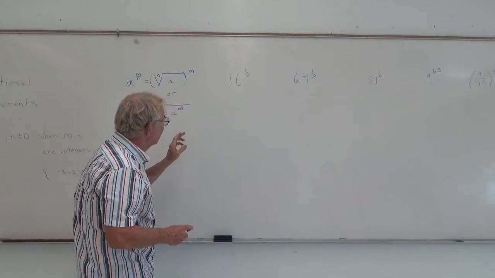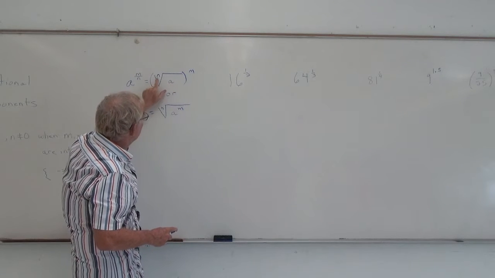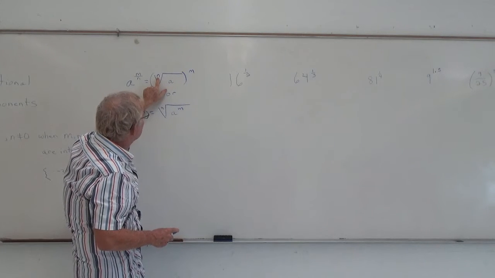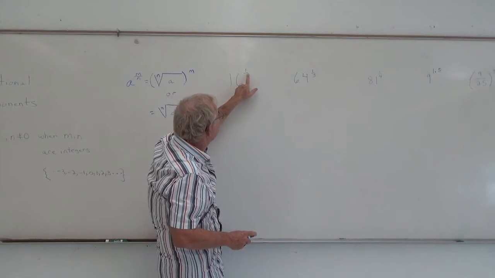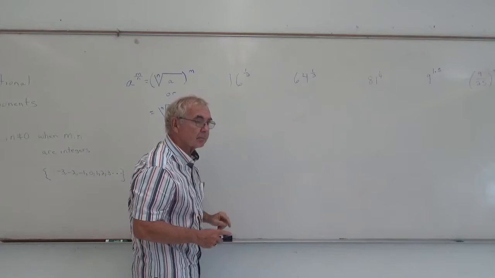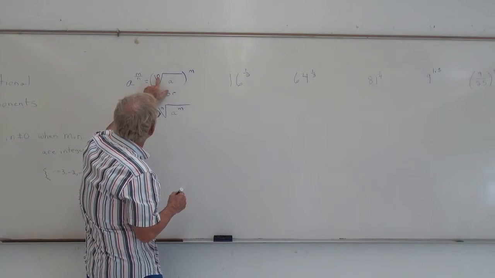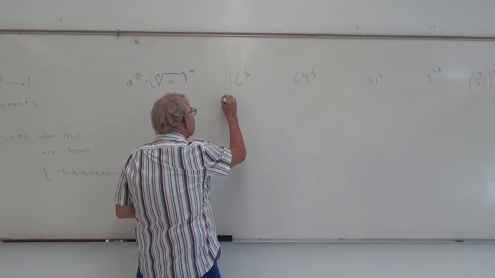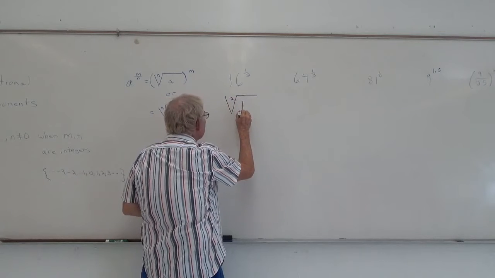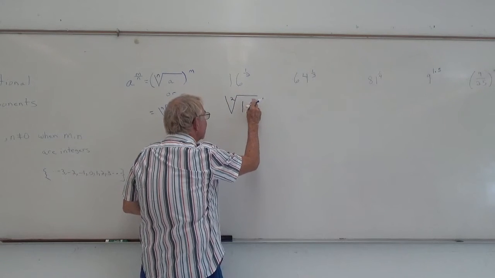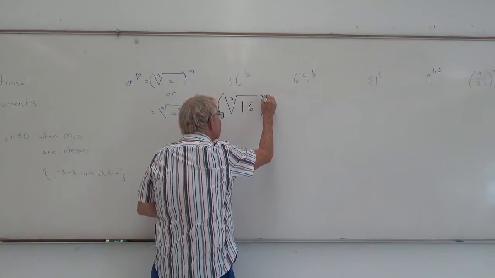So we have to figure out a way to do it. And if we look at our approach here, we're going to use this approach. So now n would be your 2, and m will be your 1. So using this, we're going to put 2 in that little index spot, and we're going to put 16 here, and you can put the 1 here, or the 1 here.